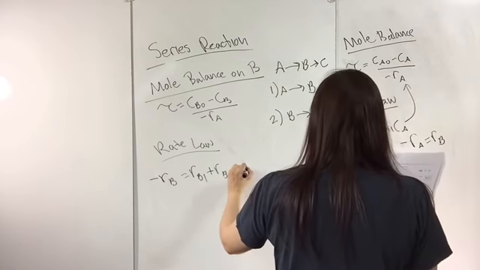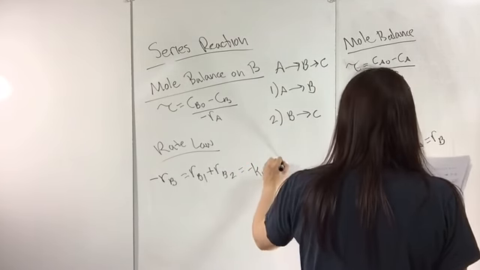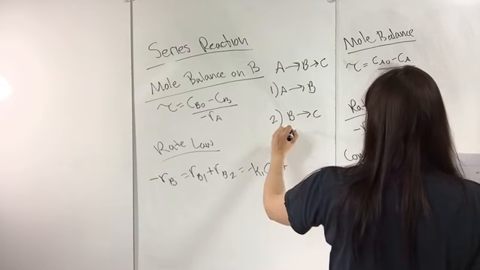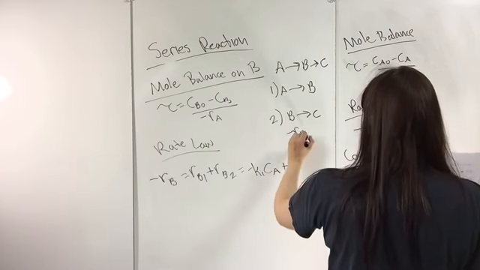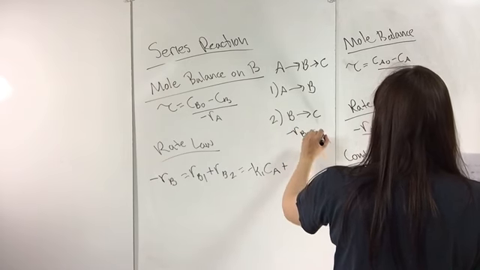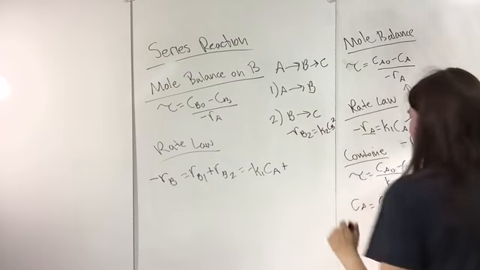So that means that this is equal to K1 Ca plus, and then Rb2 is equal to K2 Cb, and that's squared because it said it was second order.